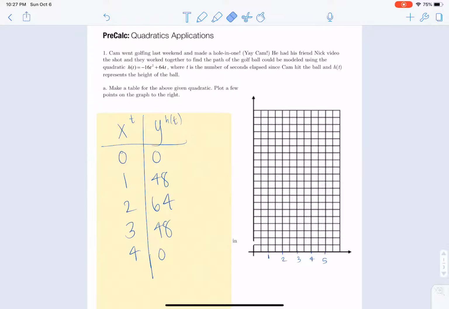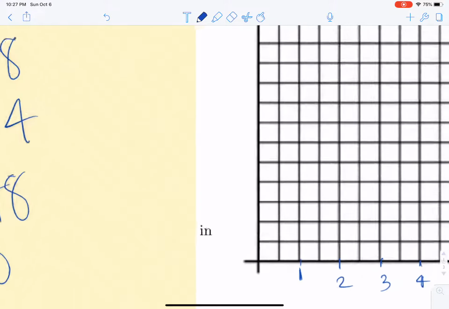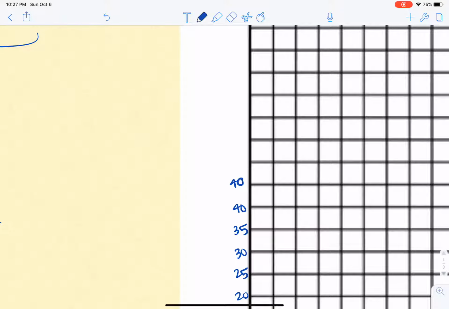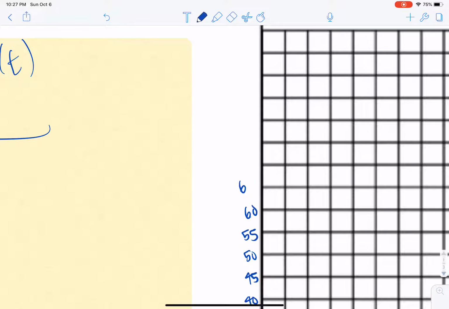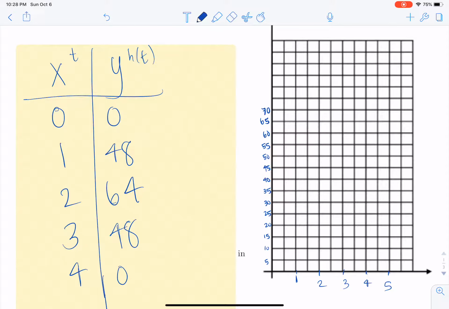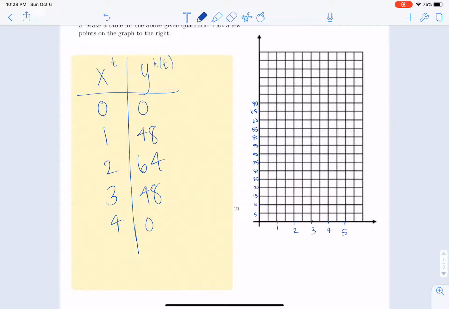Let's go up here by 5: 5, 10, 15, 20, 25, 30, 35, 40, 45, 50, 55, 60, and I'm here at 65, 70. Awesome. So now I am going to go ahead and plot some of these values.